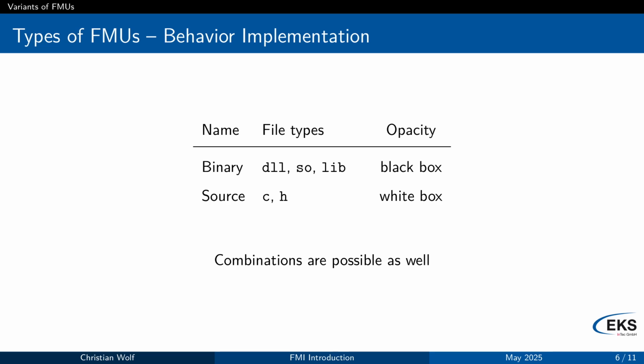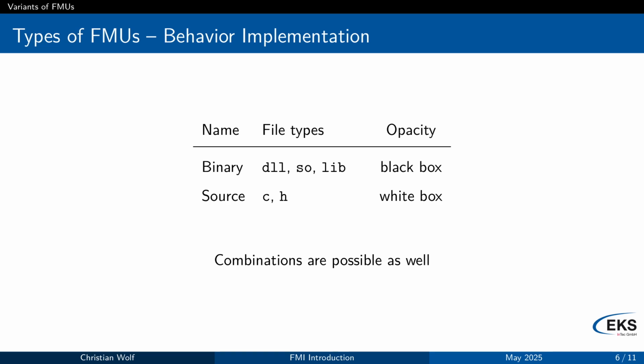But you could also provide source codes like C files and stuff, and provide some recipe how to compile them. The simulation environment is then responsible to create such a DLL or shared object or whatever is required on the architecture we are talking about to run that FMU. So in the end effect, you will run a DLL shared object or something similar, but it depends how this will be stored within the file.